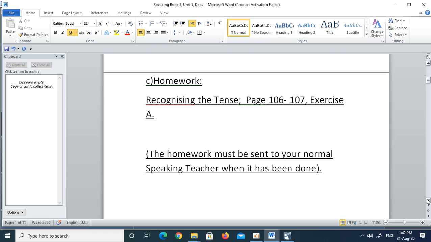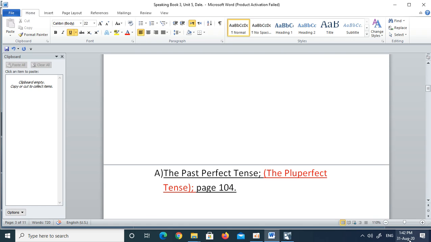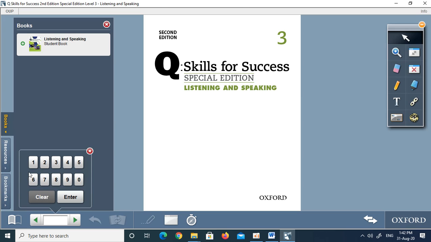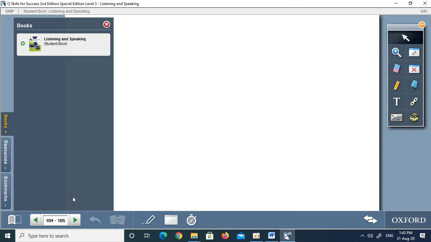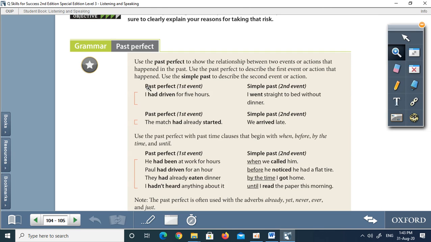Our homework is recognizing the tense, and that is on pages 106 to 107, and it will be exercise A. All right, I need you all to turn in your textbooks to page 104. And the page that you're looking at should look like that, the past perfect.